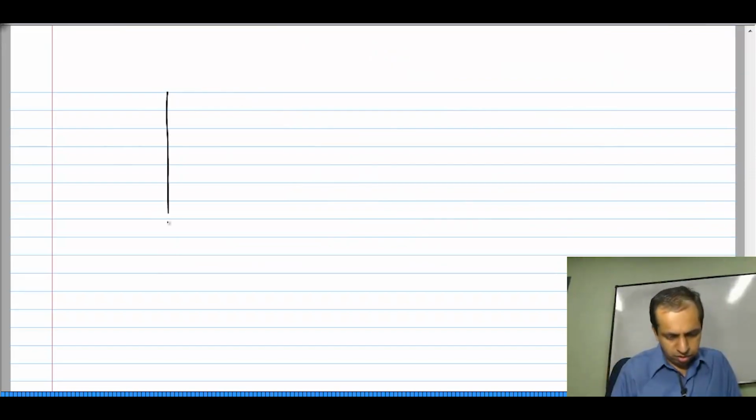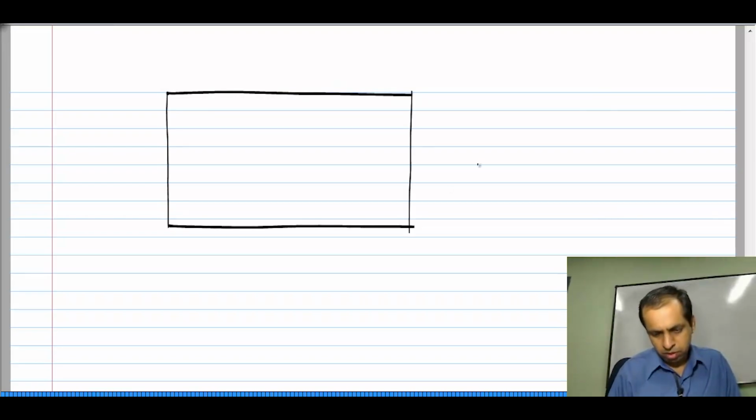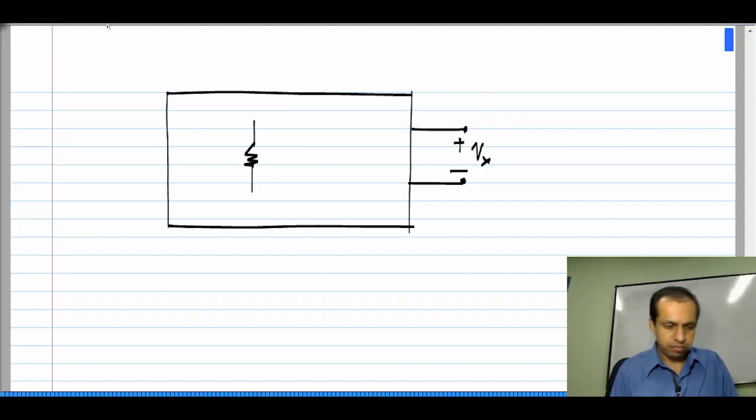And the case in which this can be particularly useful is, let us say we have these 2 points and we are measuring the voltage. Okay. And then we have only resistors in this circuit.